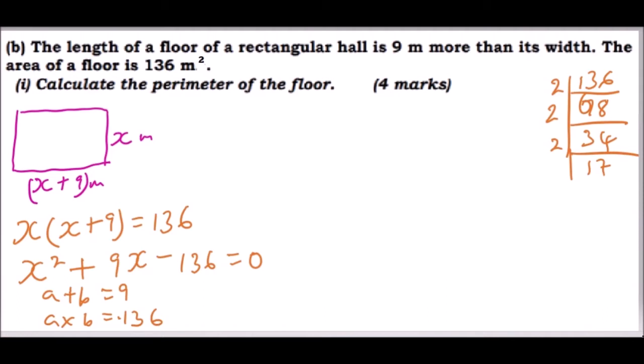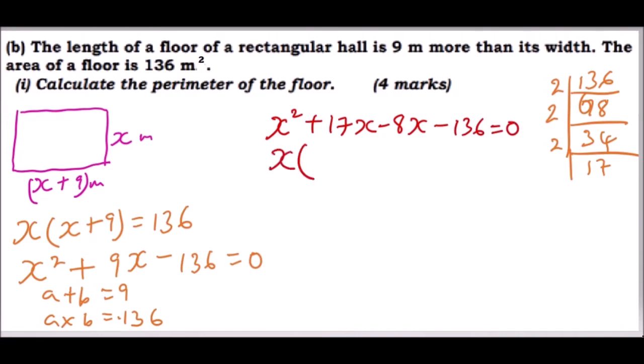So we can rewrite our quadratic expression as x squared plus 17x minus 8x. That will give you 9x. Then you minus 136, and that should give you 0. So we factor out what is common in these two. So we'll be left with x(x + 17).